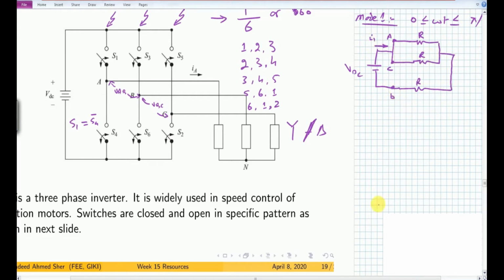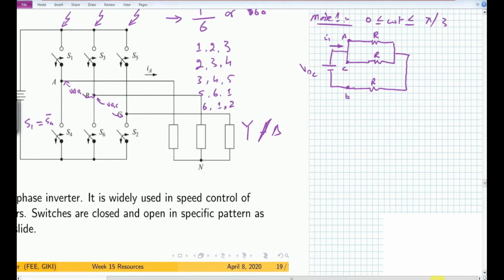R equivalent for these three is equal to 3 by 2 R. So what is the value of I1 here? I1 is VDC over R equivalent, that is equal to 2 by 3 times VDC.